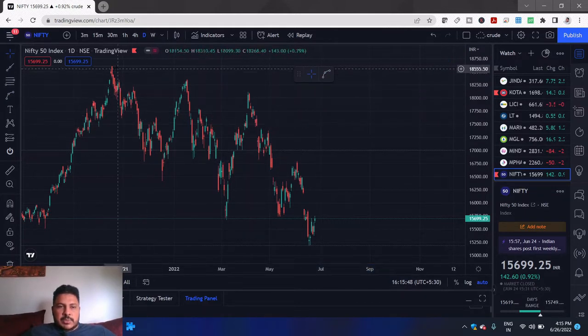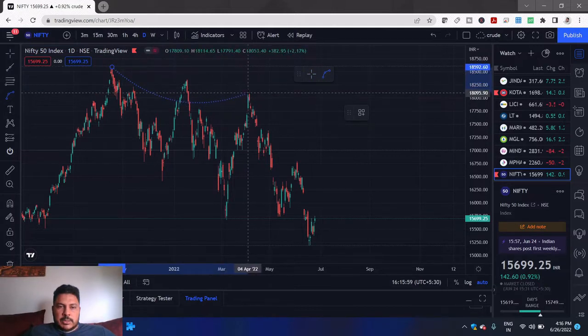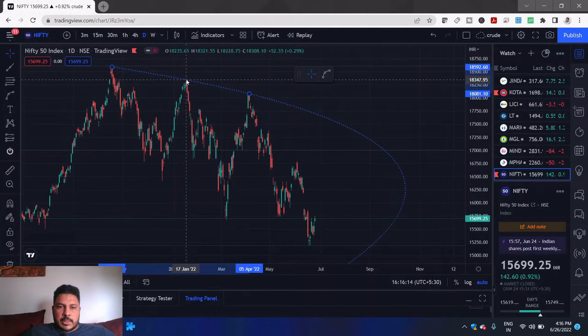So we will select our first point and then our third point. The first point is this, and our third point is this. Now you see these 2 points are joined. Now the center point we have to adjust according to the market movement.